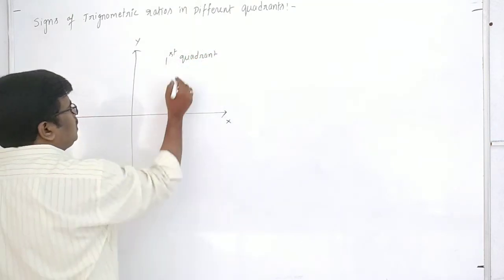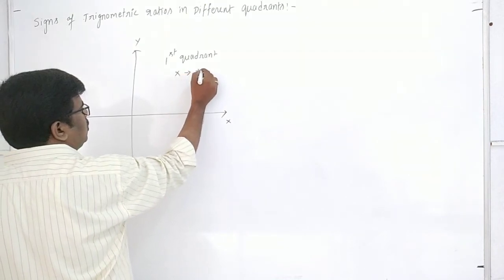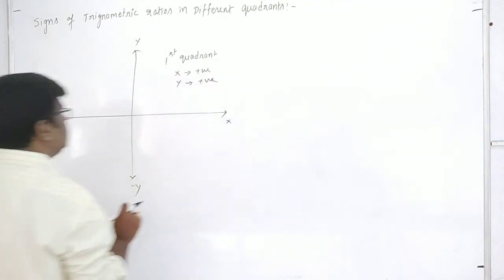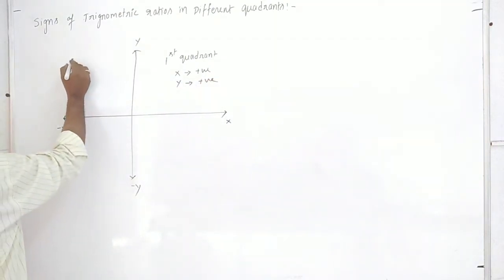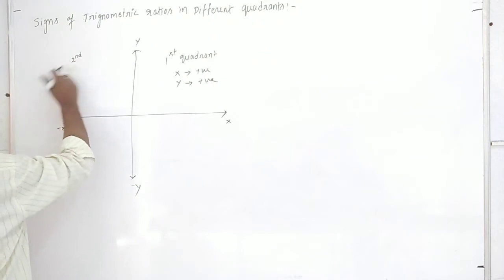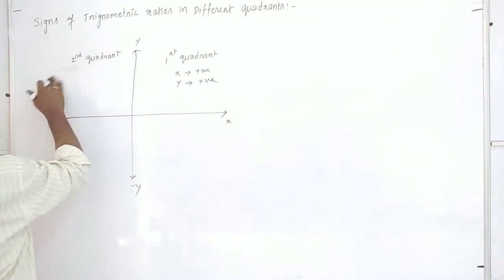First quadrant means the x-axis is positive and the y-axis is also positive. This we can call the second quadrant.